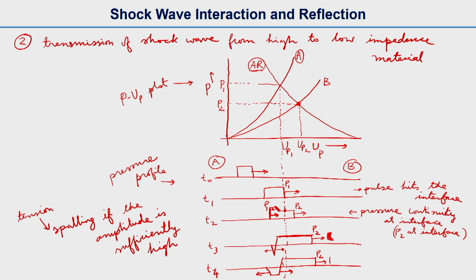So that we can see now. What happened in this second case? In the first case we did not see tension or spalling behavior.